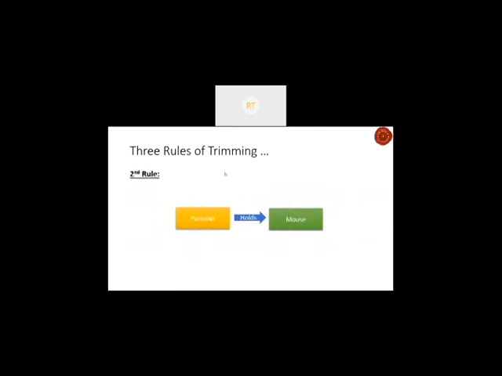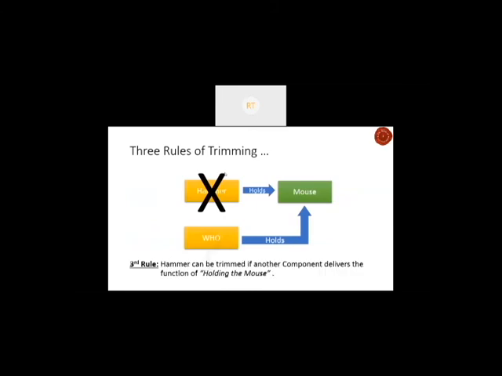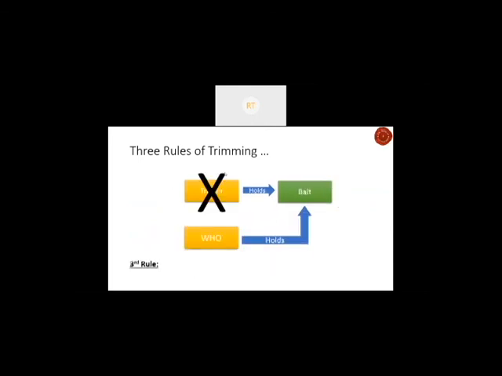We wanted to trim the hammer and trigger, and we discussed quite a lot of points, like what if the mouse can hold itself, or what if the mouse runs out on its own. This is a brief summary of what we did today, and we finally said that these are the two problems that are to be solved.